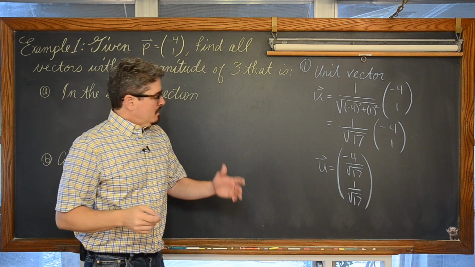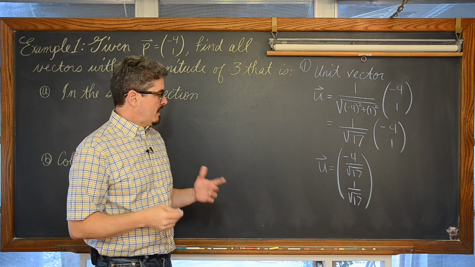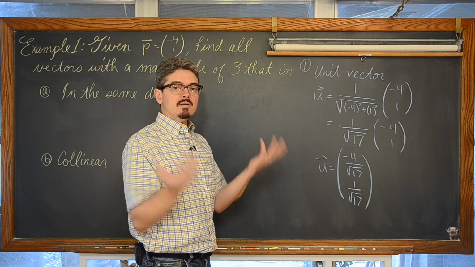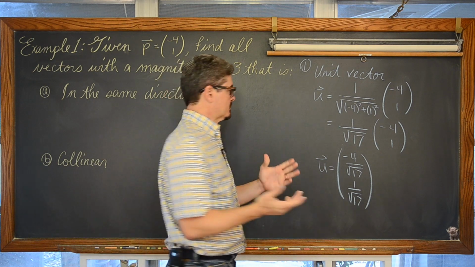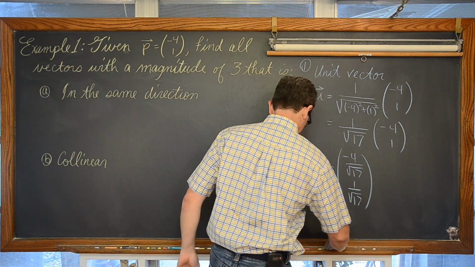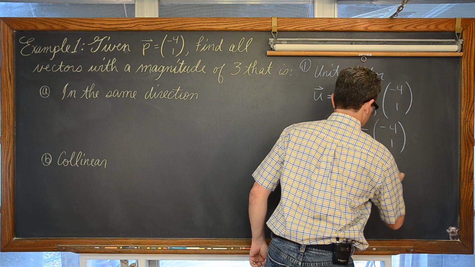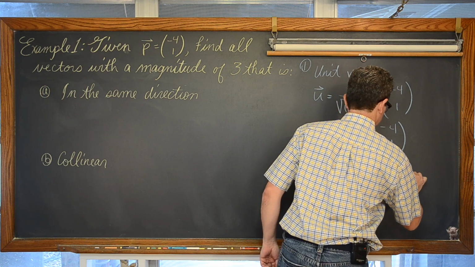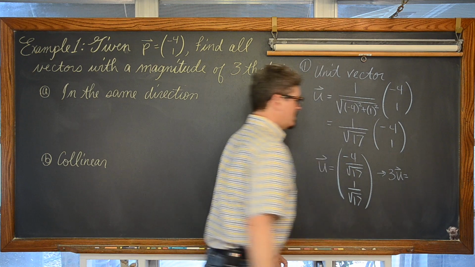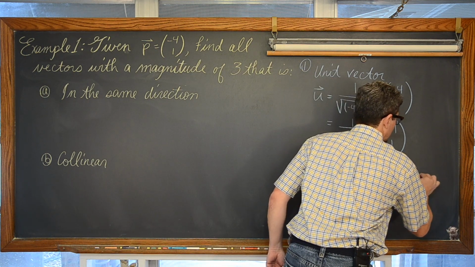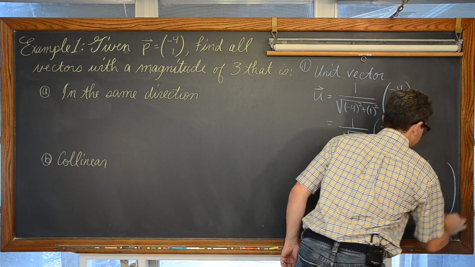Now, if we take that vector and multiply it by 3, we're going to have a new vector whose magnitude is equal to 3 and goes in the same direction as vector p. Also running out of room here a bit. And I'm going to call this vector q just so we can change some of the names and hopefully make this clear.